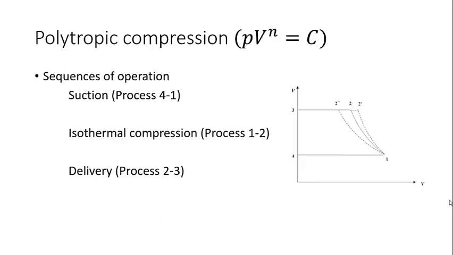So next is polytropic compression. See, the equation for polytropic process is PV raised to N is a constant. Okay. All these things are same. 4 to 1 is suction, 1 to 2 is compression, 2 to 3 is delivery.